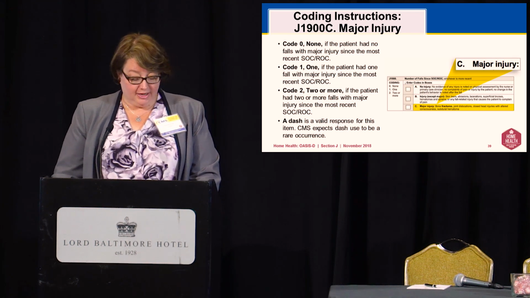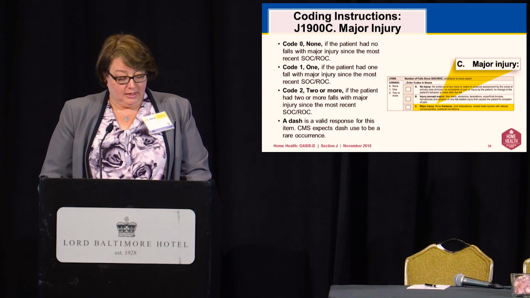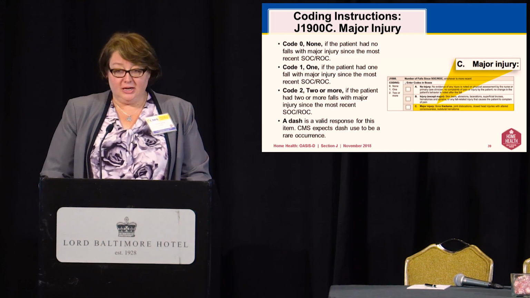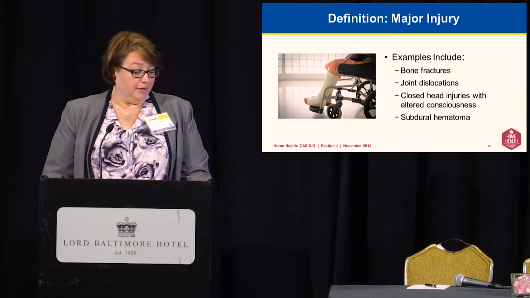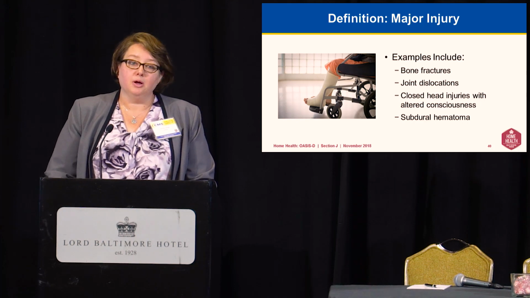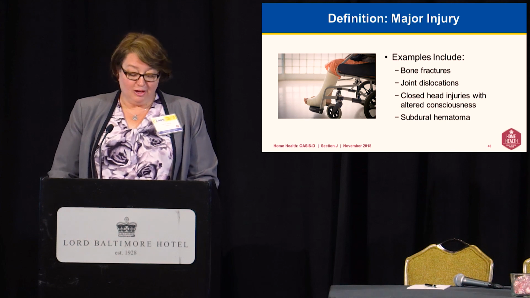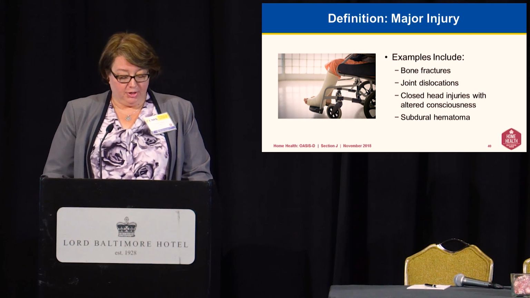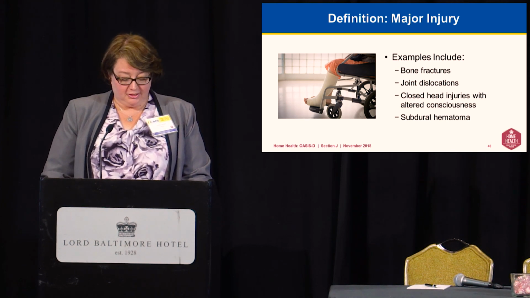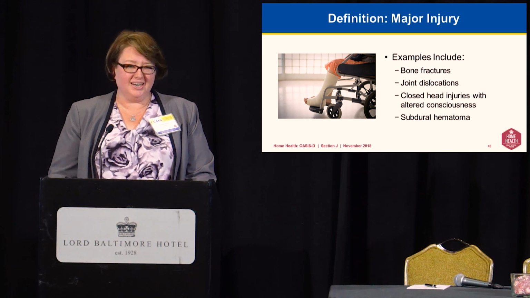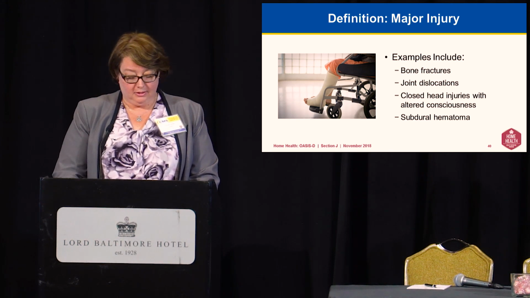And again, the dash is a valid response. Let's look at some examples of how CMS defines major injury. These include bone fractures, joint dislocations, closed head injuries with altered consciousness, and subdural hematomas. And again, this is not an exhaustive list.